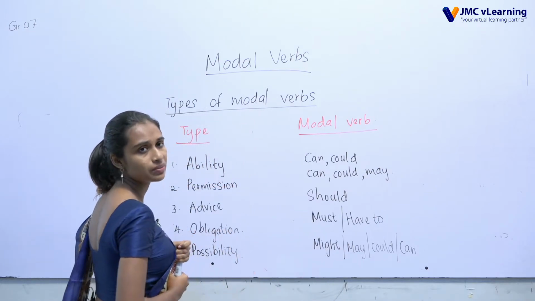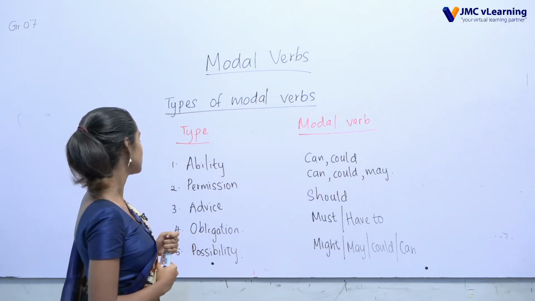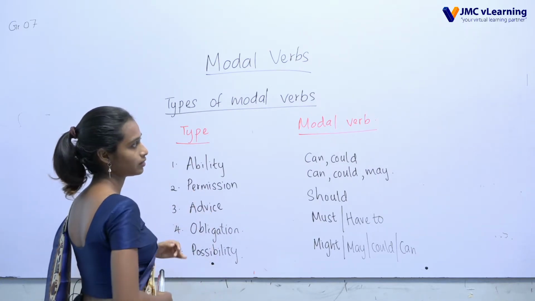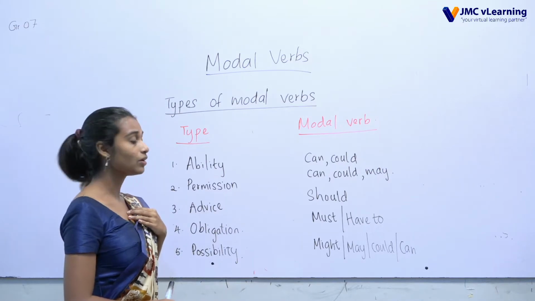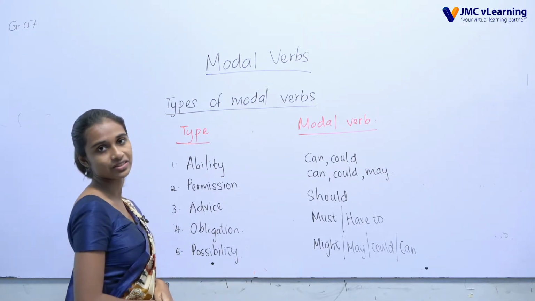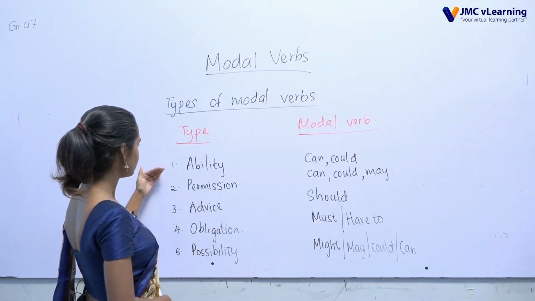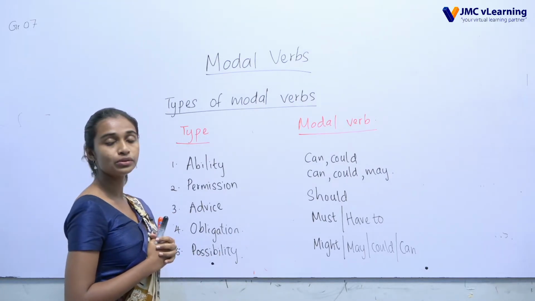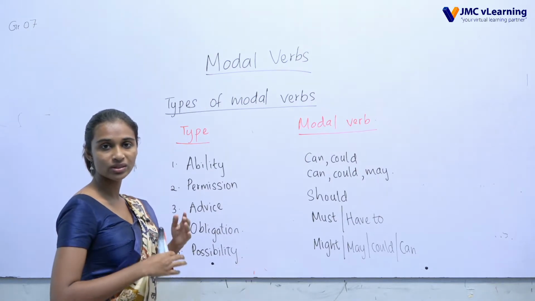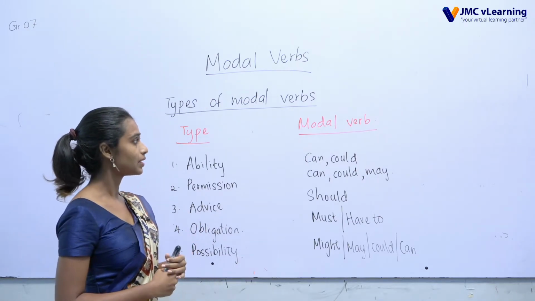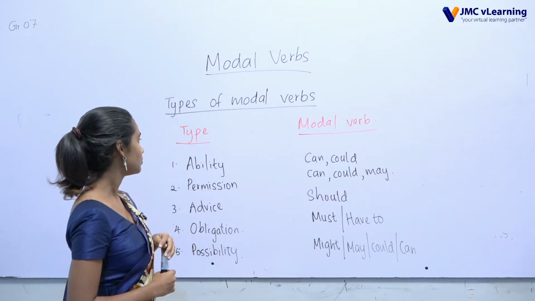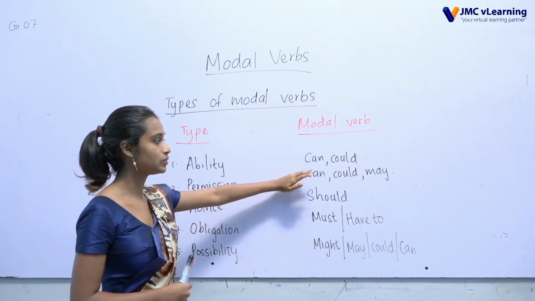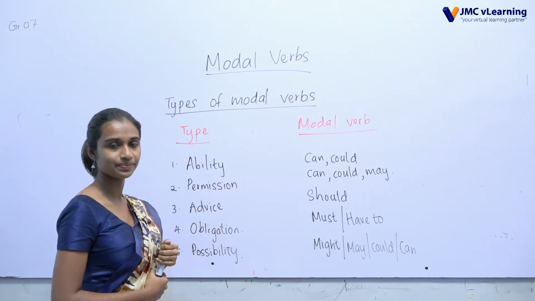What are modal verbs? There are 5 types of modal verbs. Now as I have written here on the board, there are 5 types of modal verbs in French, right? First type is when you need to express ability, when you want to say I can do this, I could do this. Modal verbs are used. So the modal verb you use is can or could.